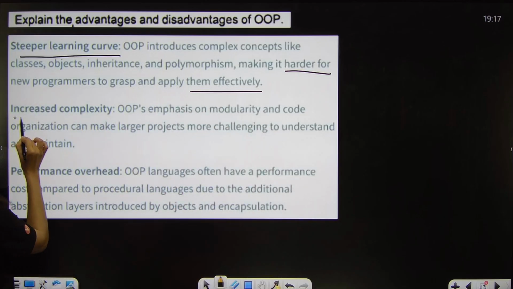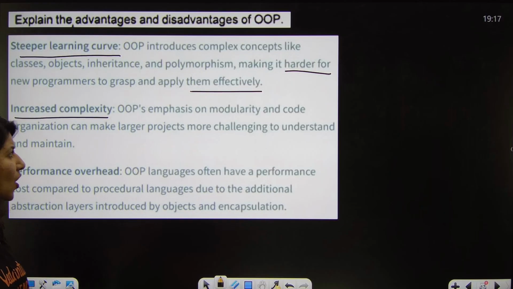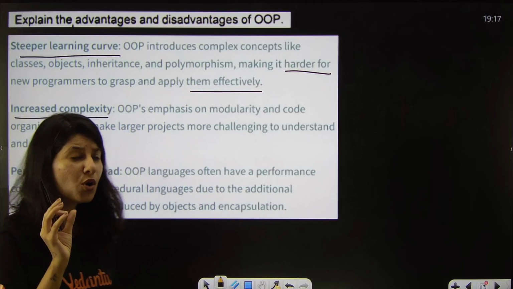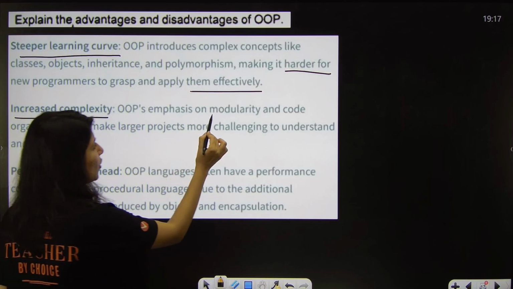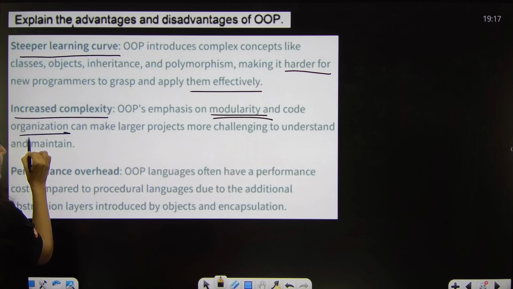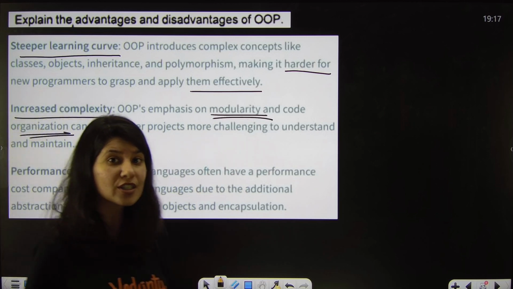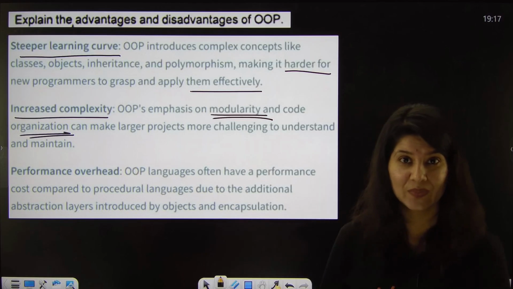Then increased complexity. Although the code is modular, although OOP emphasizes modularity and code organization, larger projects can become more challenging. How come?